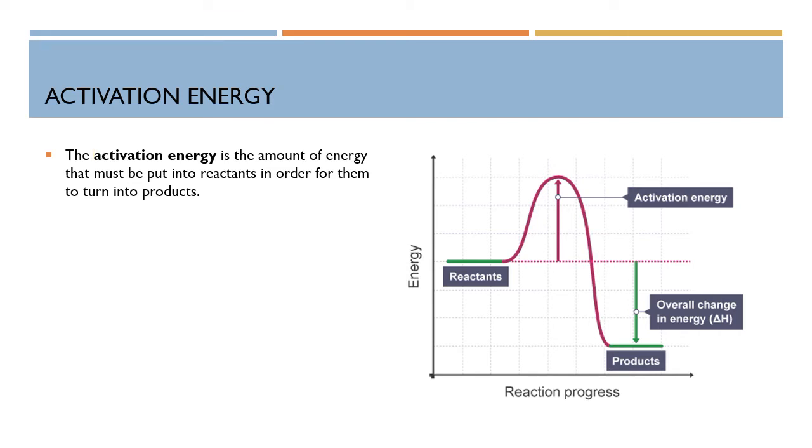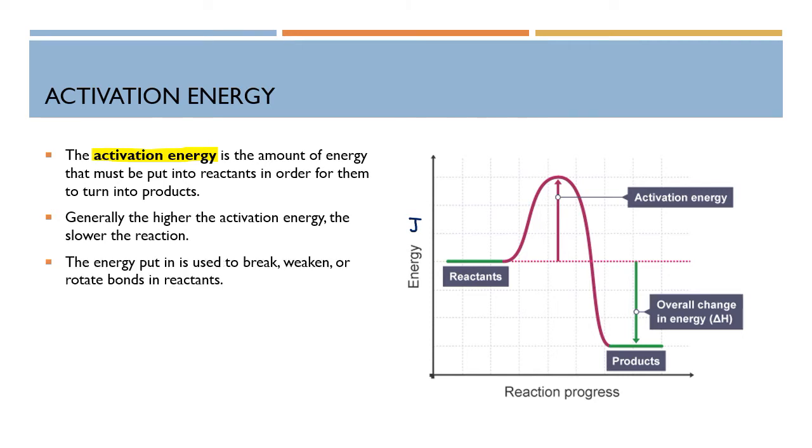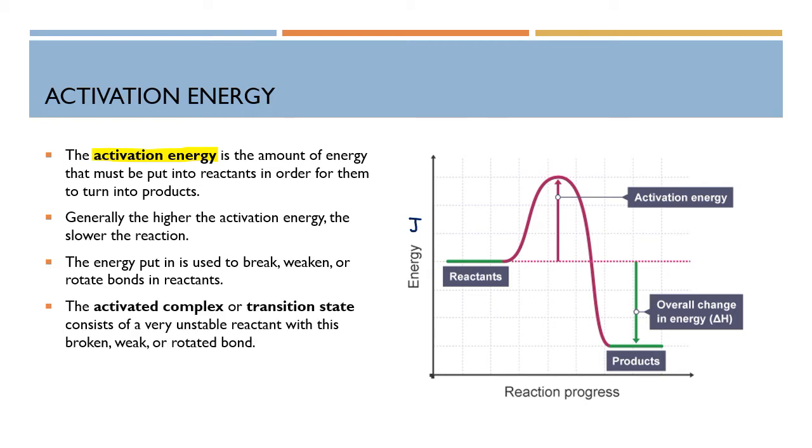Now back to that activation energy. This is the amount of energy that must be put into all the reactants in order for them to turn into products. So reactions don't just happen by themselves. They need some sort of input of energy to get them started. And usually the higher the activation energy, the slower the reaction, because it takes more energy to get that reaction started.